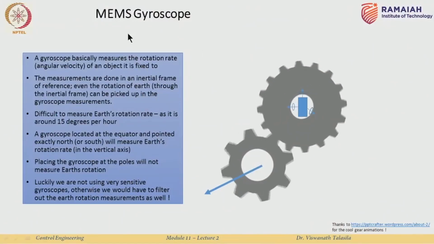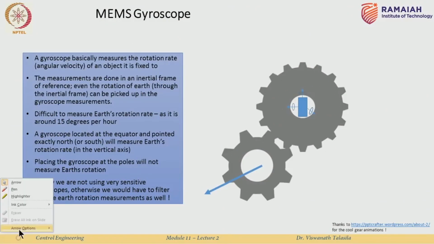Now, the cool thing about the gyros is that if you have a sufficiently sensitive gyroscope, you can even pick up the rotation rate of Earth, right. That is really amazing. So, you are on Earth, Earth is rotating all over you.